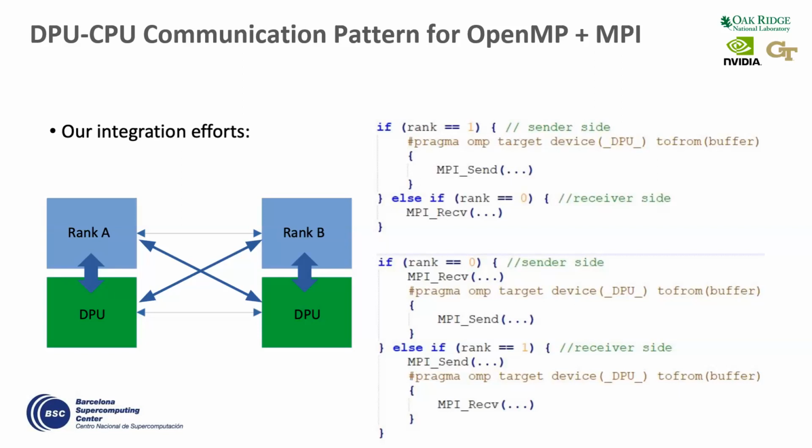Currently, as you remember, in Open MPI, we are offloading the collectives. But this could be another mechanism where we can offload point-to-point operations to the DPU using these directives.